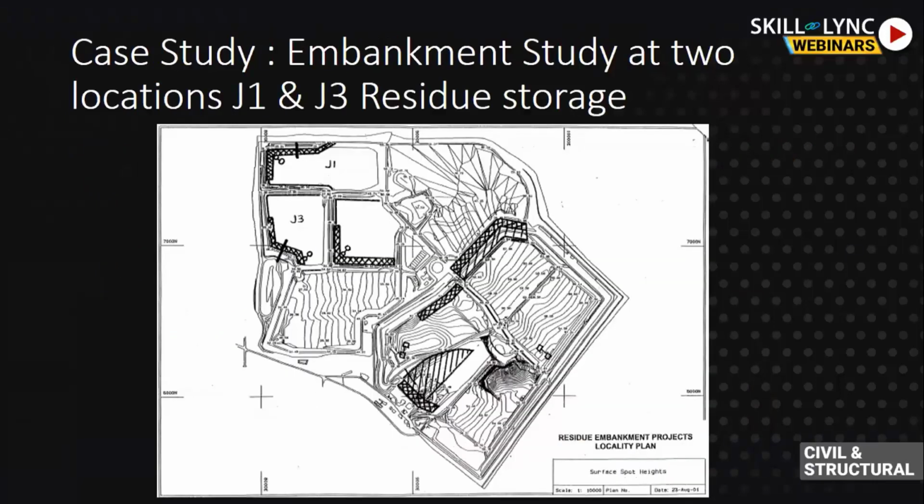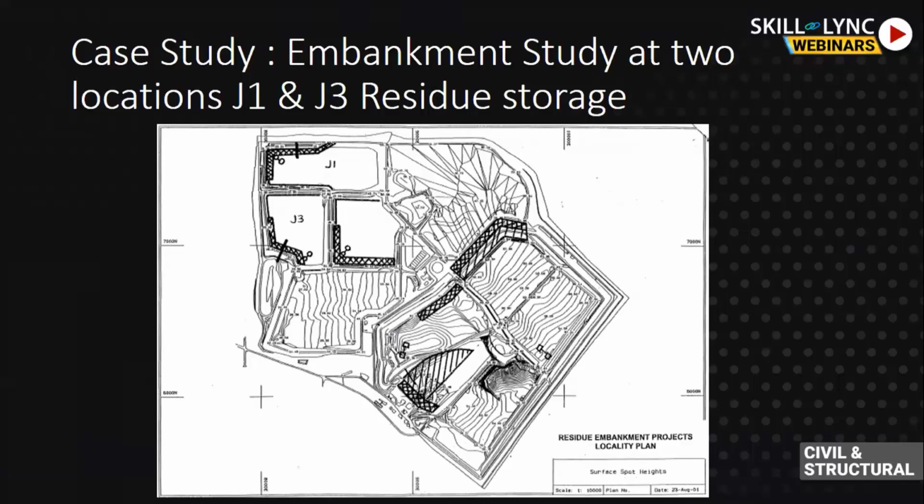Now, we should move ahead with the most interesting part of this webinar, that is the case study. To give you a brief about this case study, this is an embankment study at a location where an aluminum refinery is releasing waste into a tailing pond.